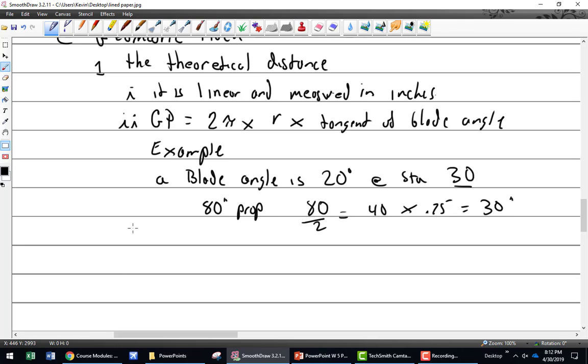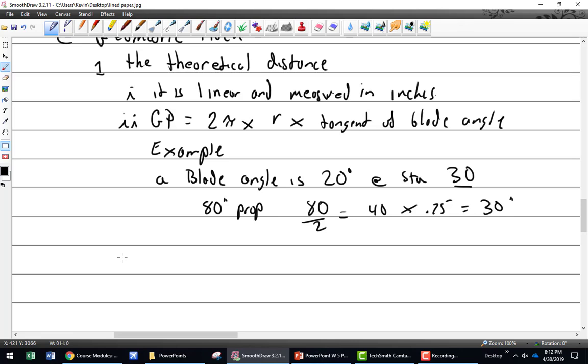Okay, so I want to know what the geometric pitch is. What I've done is taken a protractor, and I could even do this on my plane or anybody's plane as long as it's a fixed pitch, ground adjustable prop. It's not constant speed because that doesn't work. I could go out to the ramp and say, hey, I wonder what this is.